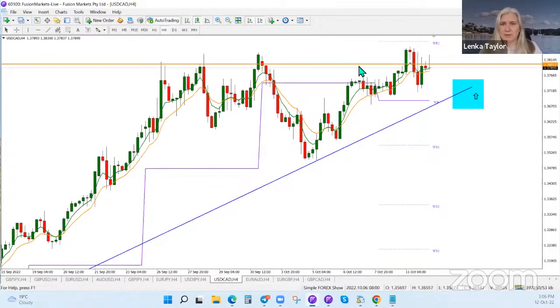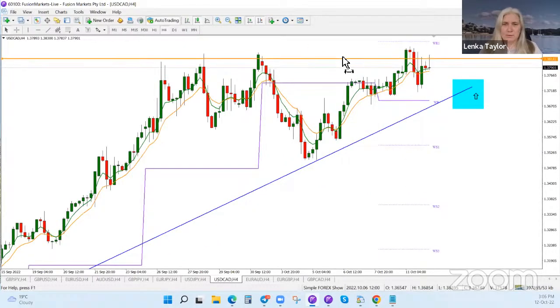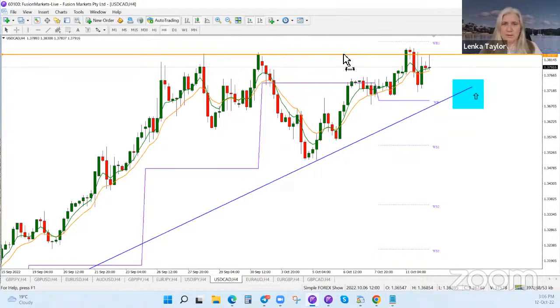Let's have a look where that sits. So somewhere thereabouts. If we're still underneath that, looking for that to go short, and then if there's a reversal here, potentially still going up because it's an uptrend.